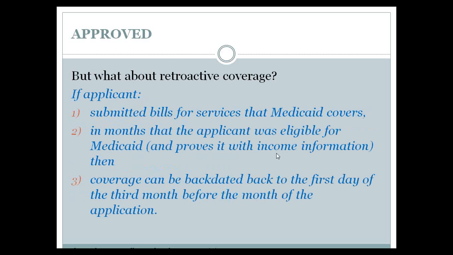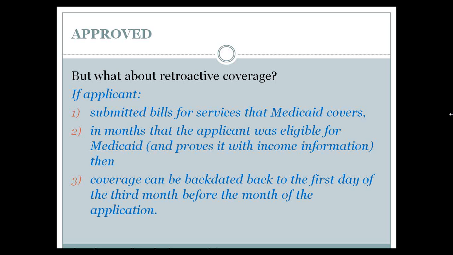But what happens if your applicant or patient had a huge hospital bill the month before he or she applied for Medicaid? Can Medicaid go back and cover that bill? The answer is maybe. We call that retroactive coverage. Here are the rules.